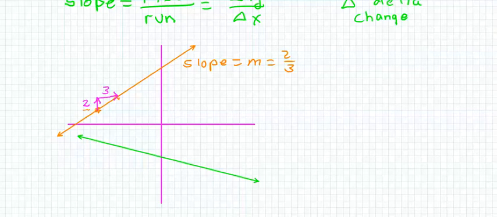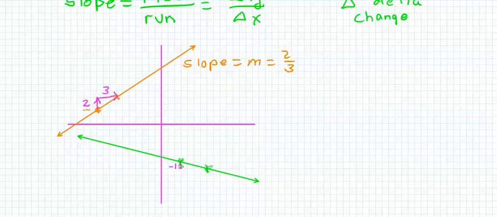So let's do it on our green line. I pick a point. I know exactly the x and y coordinate, right here. From this point here, I go down, which is -1.